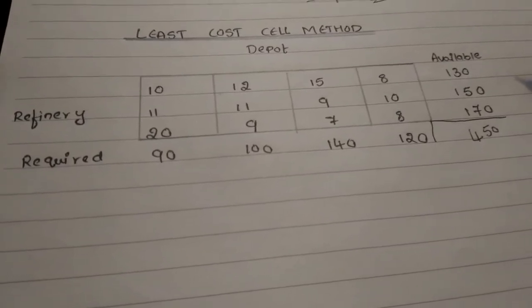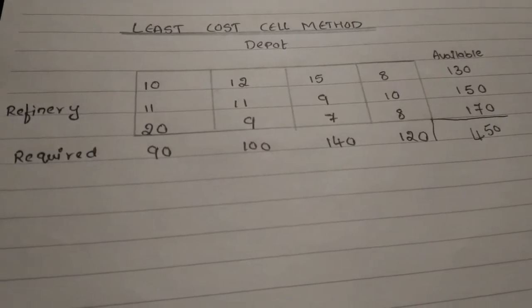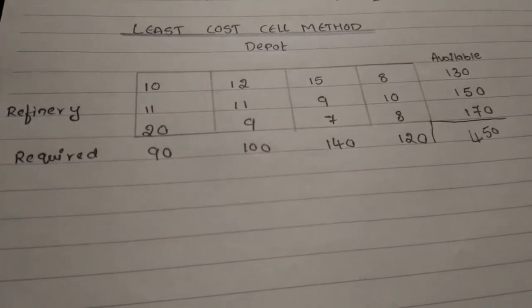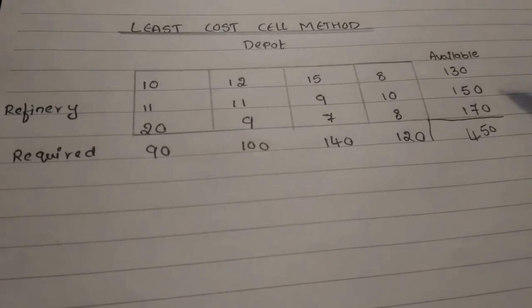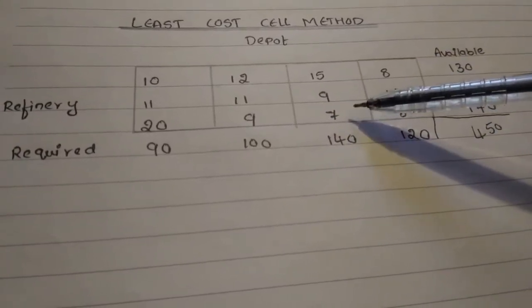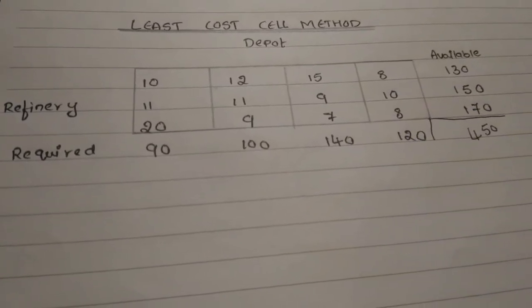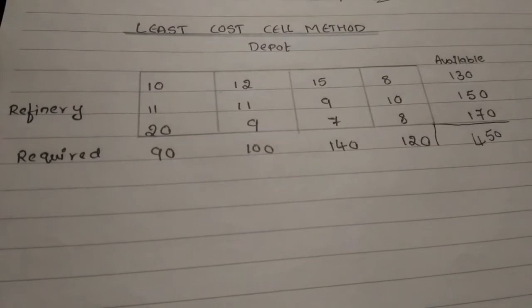As the name itself indicates, it is the least cost cell method. It is self-explanatory. You first have to find the least value in the whole given matrix. For this given matrix, 7 is the least value, so that is the cell that will be encountered in the first iteration.